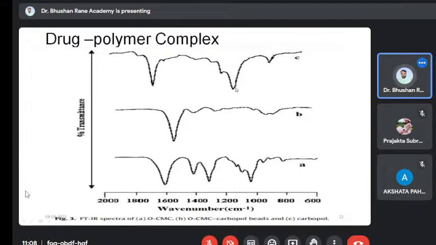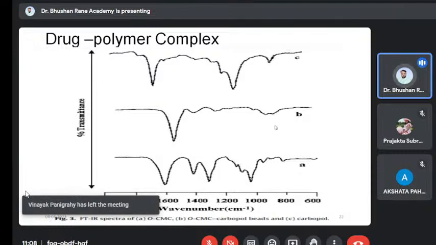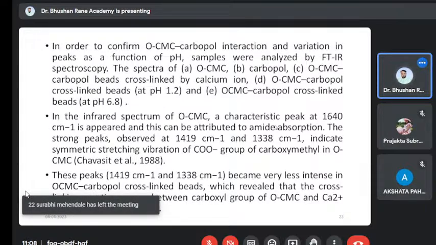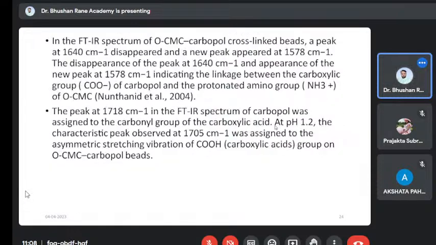There is a disappearance of these peaks, and the arrival of a new peak at a different wave number. It confirms that the O-carboxymethyl chitosan and the carbopol have interacted with each other and cross-linking takes place. So by FTIR, you can confirm it. Okay, so this is the discussion related to that particular spectra.